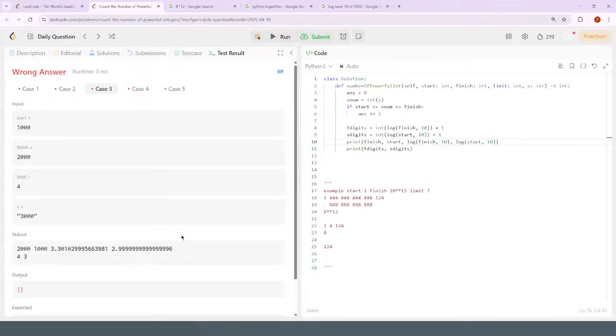What am I even doing right now? I'm getting the number of digits. Alright, so if the start has some number of digits, okay, I'm gonna hope that this works. I'll do the round, then cast an int.